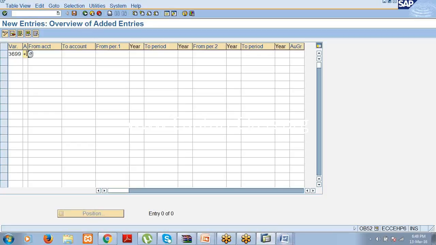We can open different posting periods for different account types at a time.